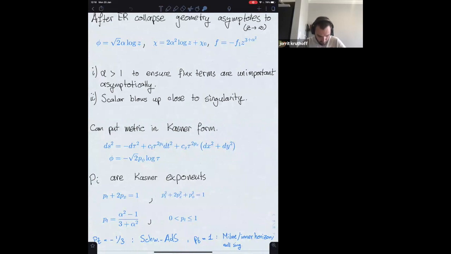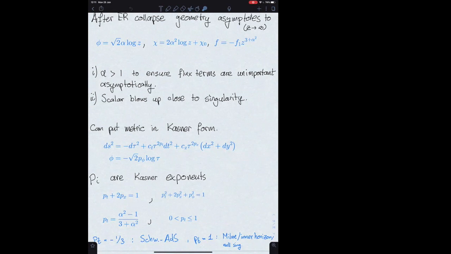Well, if pt is between 0 and 1, then I guess px can be negative from this relation. Yeah, the constraint is that pt is between 0 and 1, and then from this relation you can see that px can be negative, yeah. Okay.